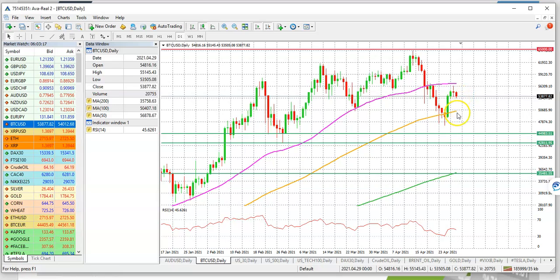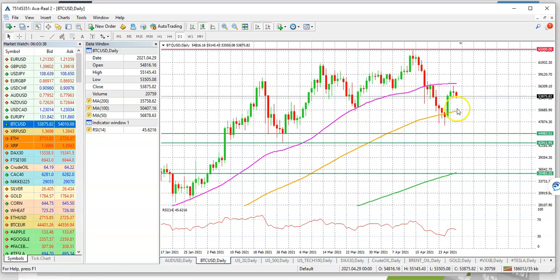No one wants to see the price breaking below 50,000 or especially the 100-day simple moving average, because if that happens, then it is very likely for the price to go and revisit this area of 42,000 to 44,000.